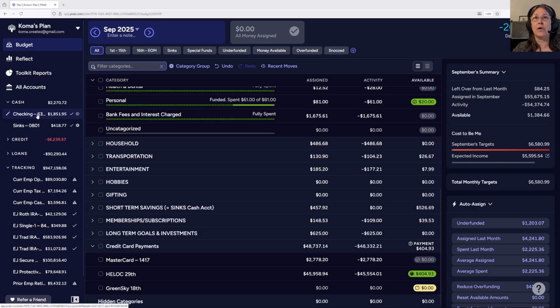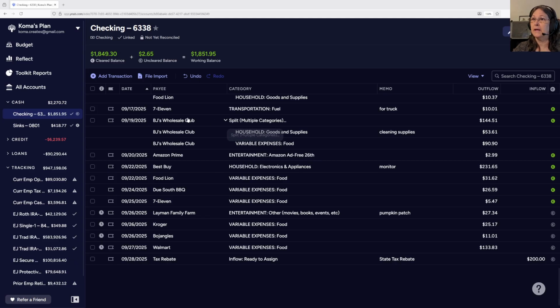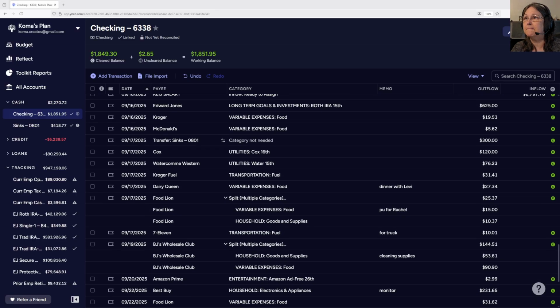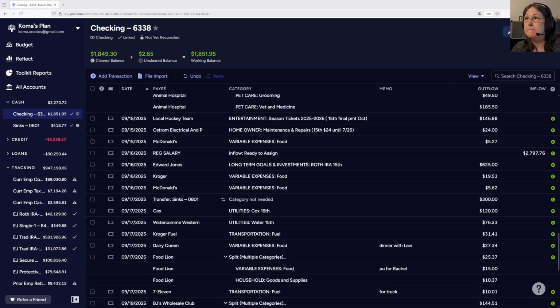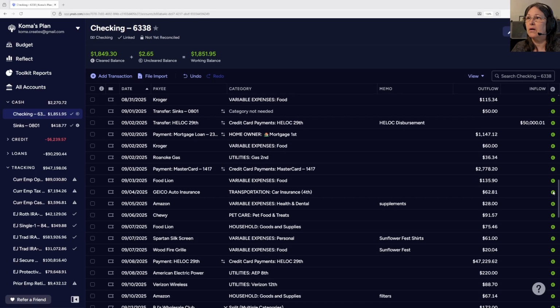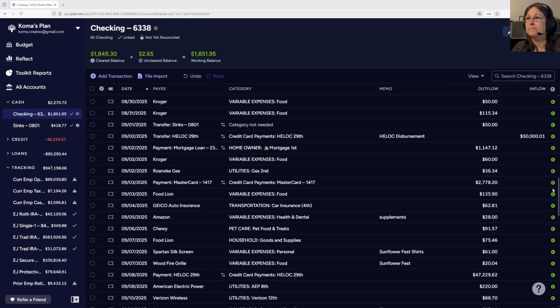Just as an example, here's a place where I split it. This is the actual spending, $144, but the categories that it went to are split between the goods and supplies and the food. And that's what I'll do with this. I think I might have even done that to another credit card payment. Let me see if I can find one. I feel like it's in here.